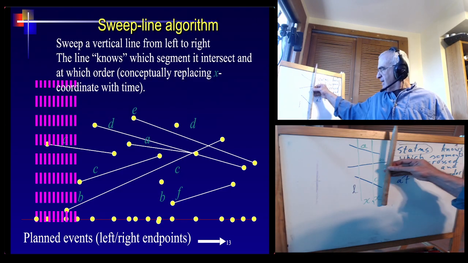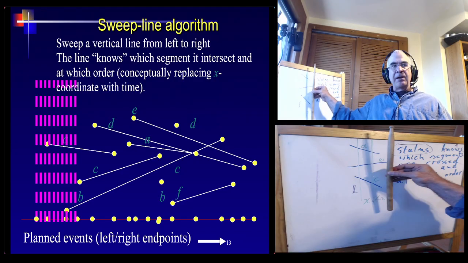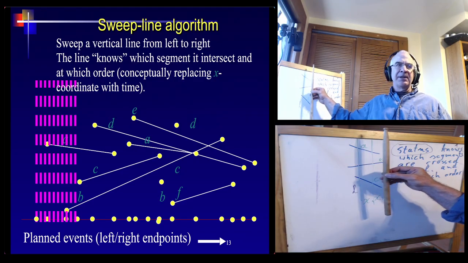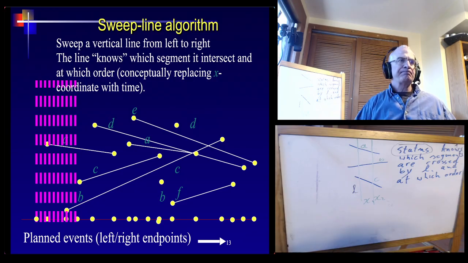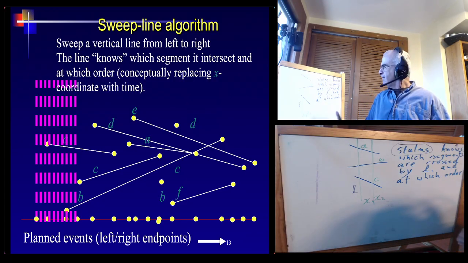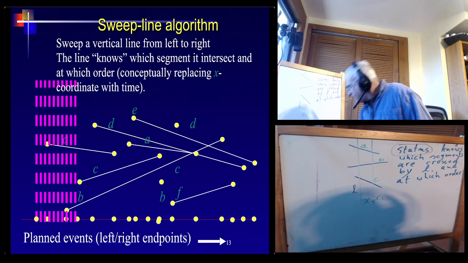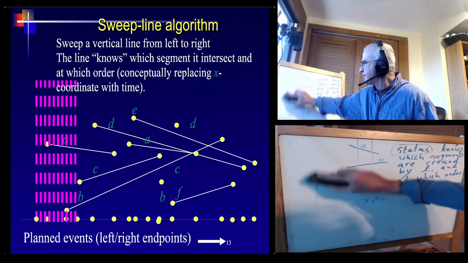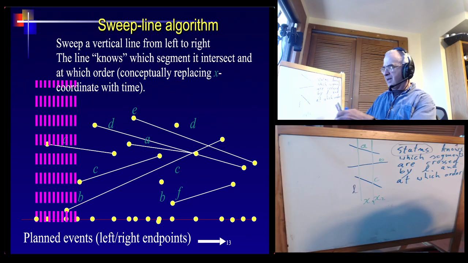If I have some intervals between x1 and x2 where there are no changes in the status, then I don't need to stop there. It is not an event. So what types of events are we going to experience?